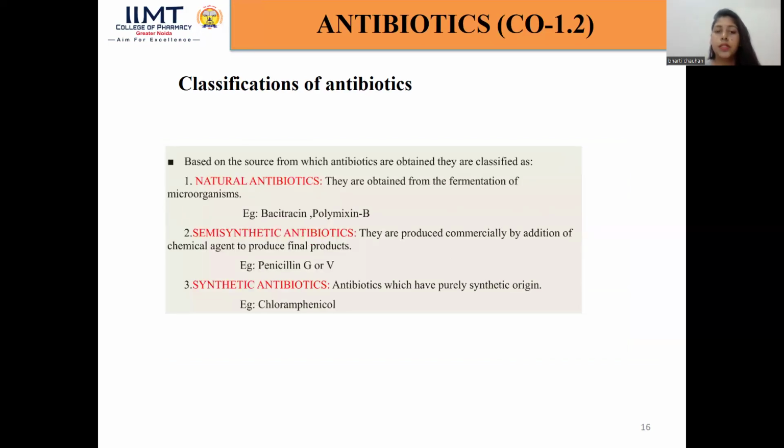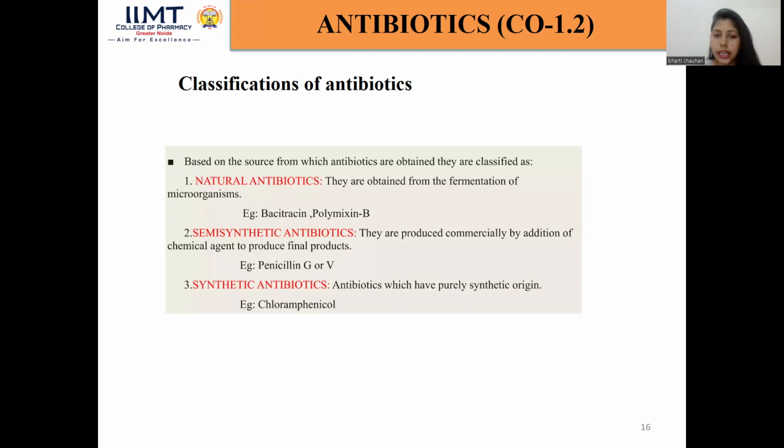Next, on the basis of the sources from which antibiotics are obtained, they are classified as, first, natural antibiotics, which are obtained naturally and directly from any plant extract, root, or fungus. They are obtained from the fermentation of microorganisms, example bacitracin and polymixin.